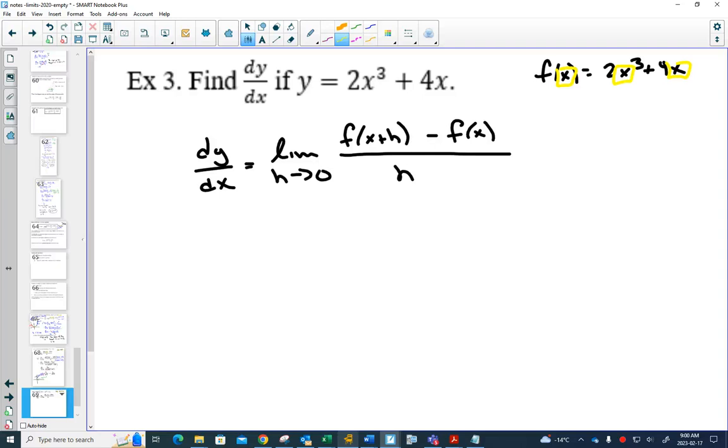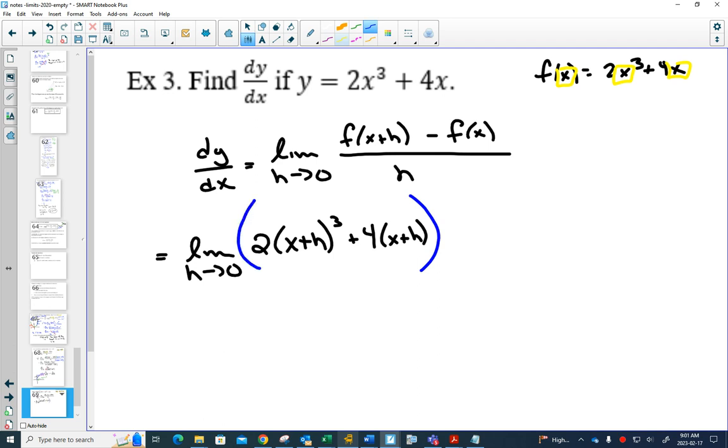When I ask you what's f of x plus h, you're going to have to plug that x plus h in for every x. And this becomes limit, h goes to 0, and things are going to get quite big here. I'm going to have x plus h cubed plus 4 times x plus h.